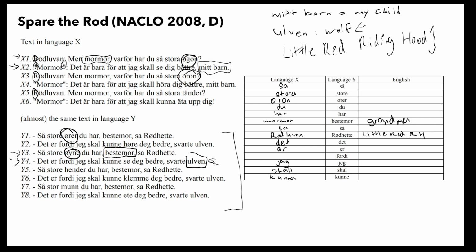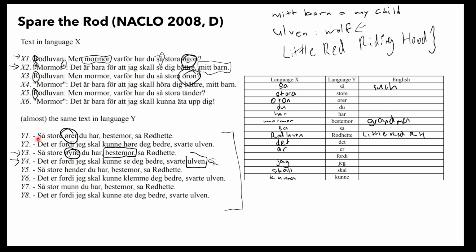So, see, that's the thing. There's two main ways that the story is told. It's told, why do you have such big eyes? And then it's also, such big eyes you have, right? So we can automatically say sa over here is such. Because over here she's asking, "Oh, Grandma, why do you have such big eyes?"